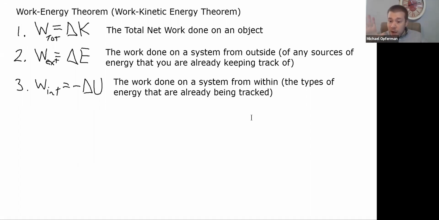So if you just have your eye on your checking account, you can make the statement that, well, if I keep track of all transfers into my checking account, the change in my checking account balance will be equal to the total of all those transfers. That's case number one. Case number two is whatever money I transfer into my checking account from outside is going to increase the amount of money that I have.